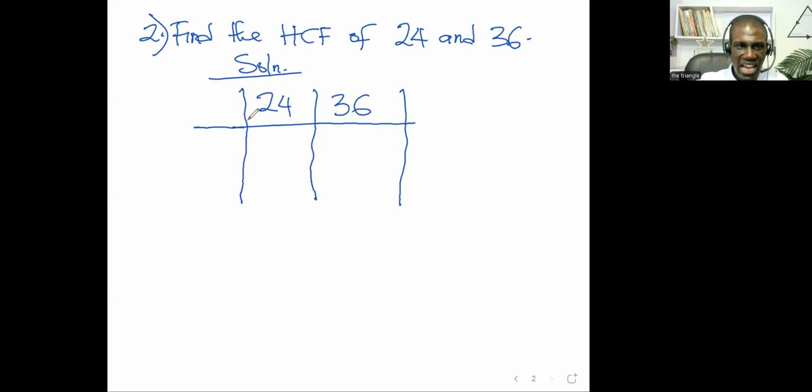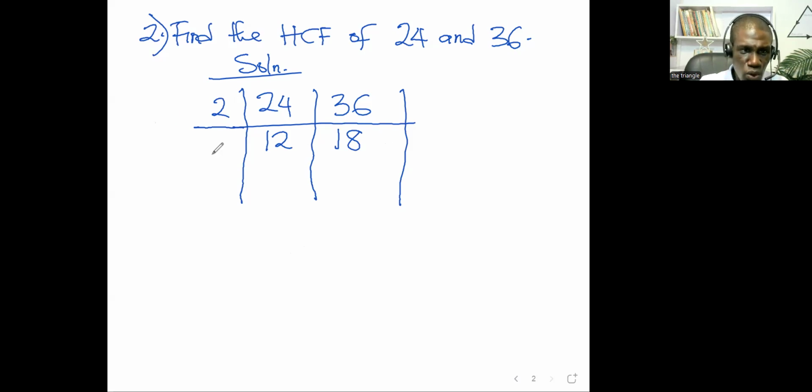So 2 goes into 24, we'll have 12. 2 goes into 36, we'll have 18. Again, let's look at it. Can 2 go into 12? Yes, it can go without remainder. Can it go into 18? Yes, of course, it can go without remainder.